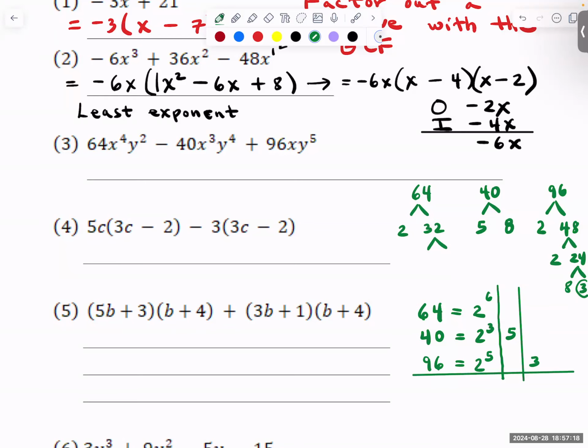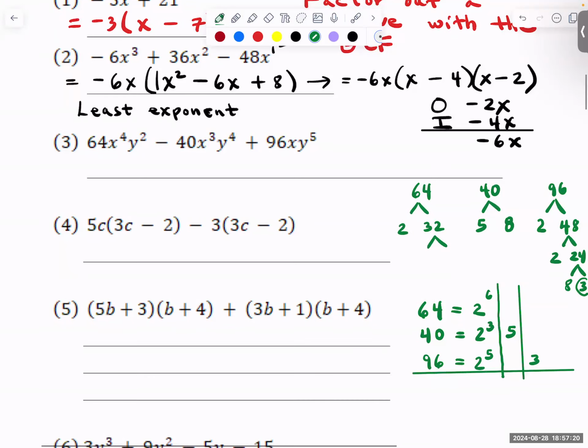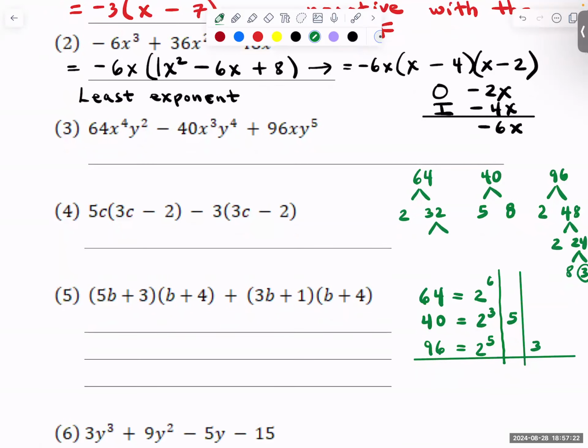And now we look for the common factor, starting with 2, base 2. So the greatest common factor includes 2 with the least exponent, which is a 3. Only 2 cubed is common.